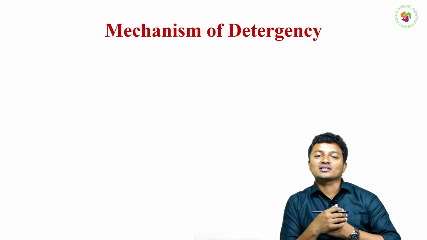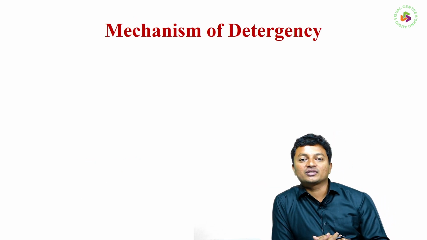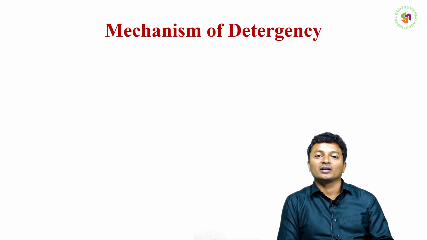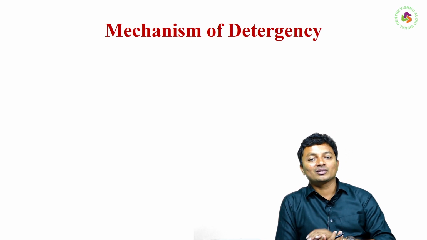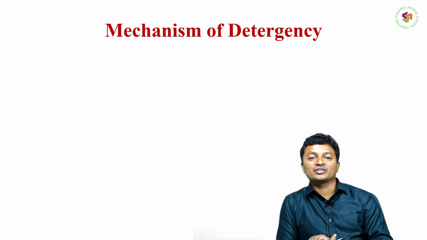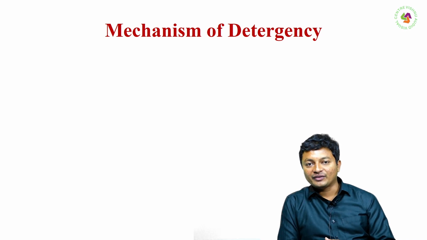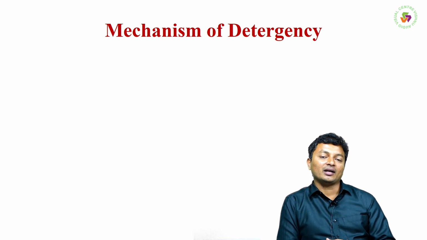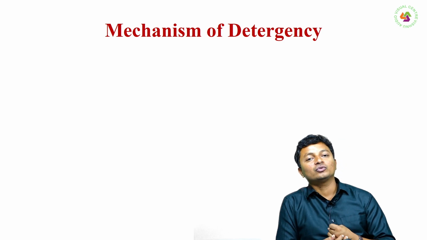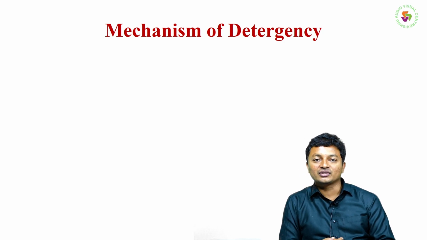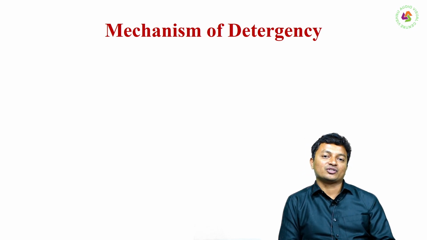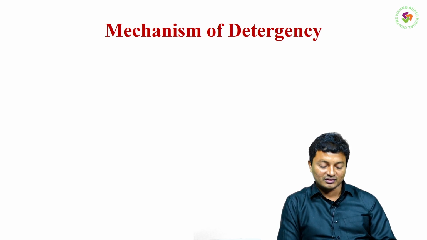Let us discuss how the mechanism of detergency takes place. As we discussed, three mechanisms are involved: solubilization, suspending, and emulsifying techniques. To see how detergency cleans a surface, let us discuss it step by step.